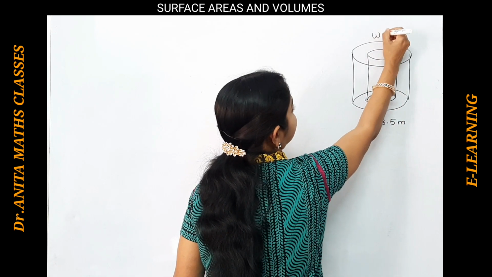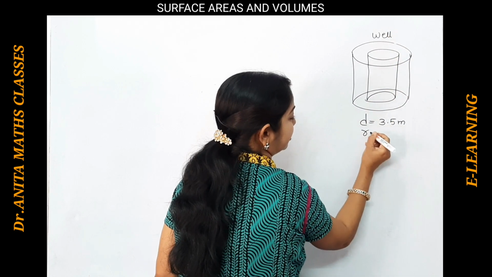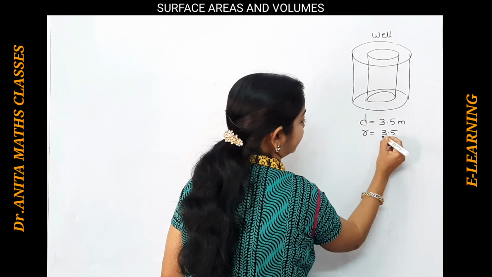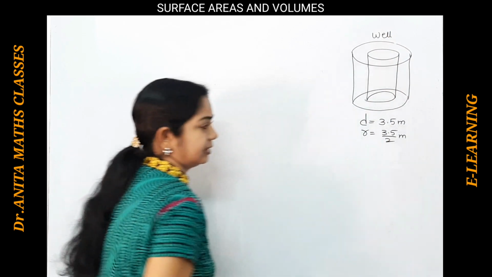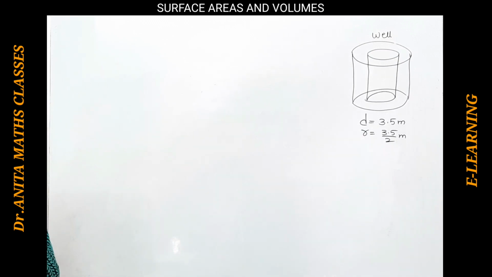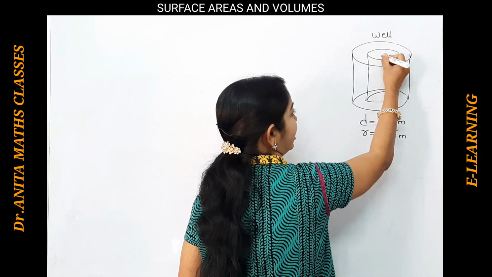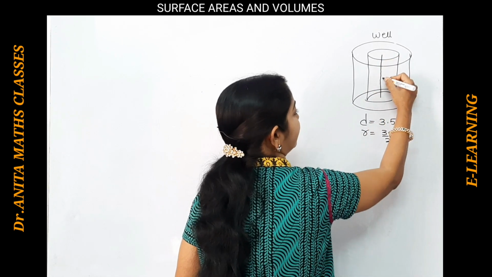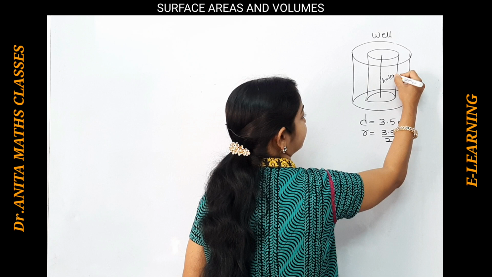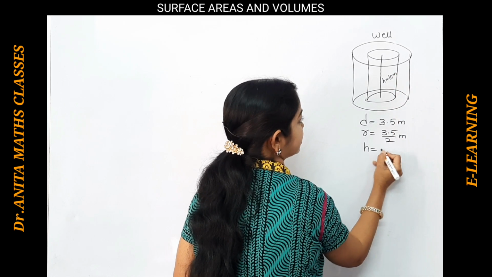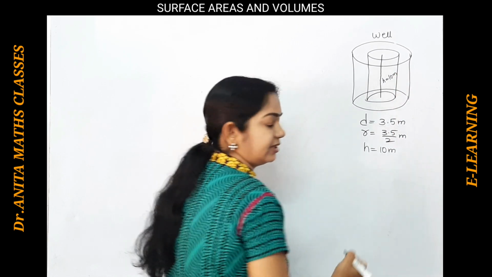This is the well. From here we can write 3.5 by 2 as the radius. And the height, that means how deep it is, is 10 meters. H is 10 meters. All are given in meters.